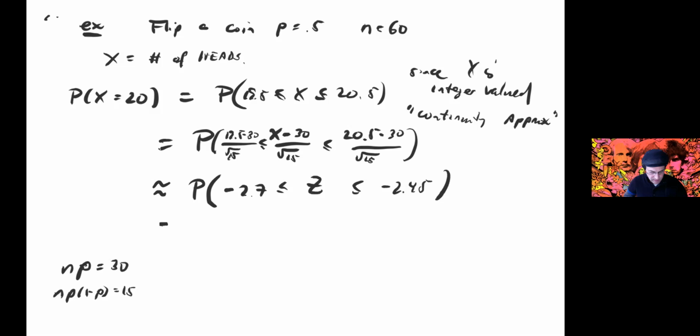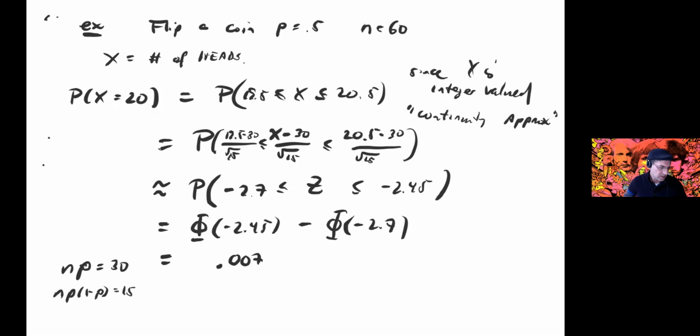This is the same thing as Φ(-2.45) minus Φ(-2.7). If you look this up on a calculator or a table, you get 0.007 minus 0.003, which is 0.004. So that's the approximation that I wanted to get.